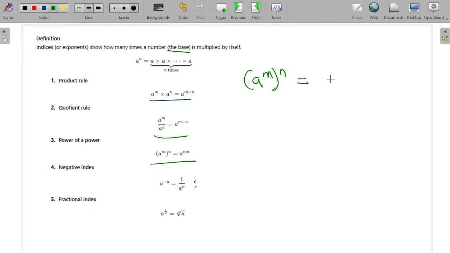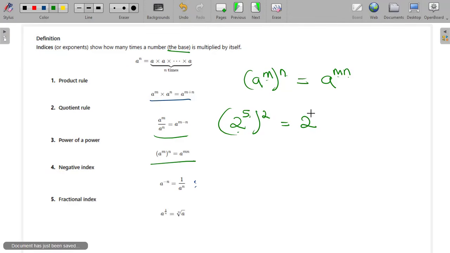This here is just going to be a, and the m and the n will just multiply, so it becomes mn. Okay, so we go back to our example where we're saying 2 to the power 5, and then let's say our n is 2. So this law just means you keep the base, which is the 2, then you multiply the exponent. So the 5 multiplied by the 2 will give you 10. This is what this law is saying.